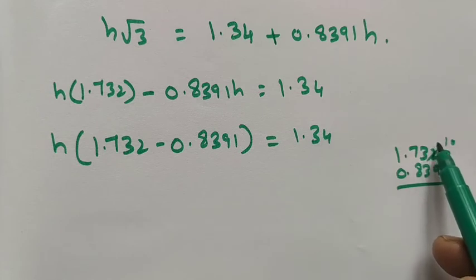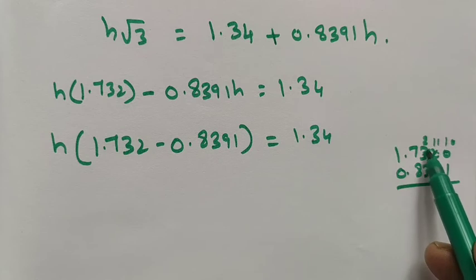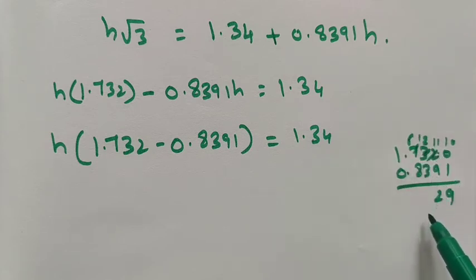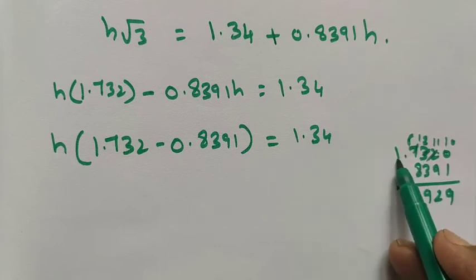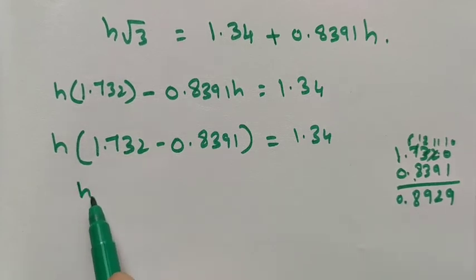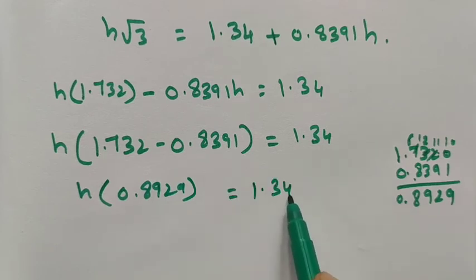Here also on borrowing, that is 11. 11 minus 9 is 2. Borrowing here we get 6. Here 12 minus 3 is 9. 16 minus 8 is 8. So 0.8929. So H times 0.8929 is equal to 1.34.